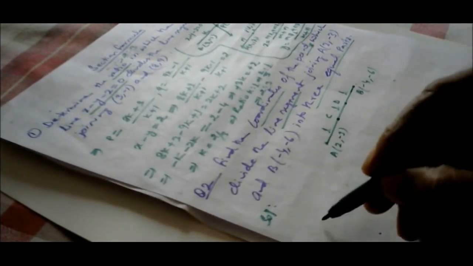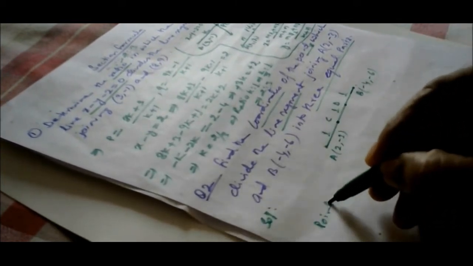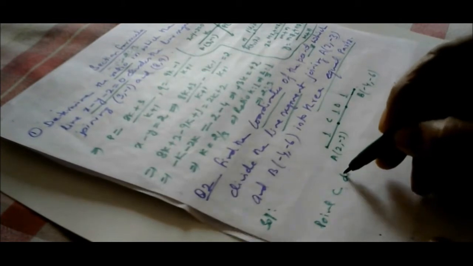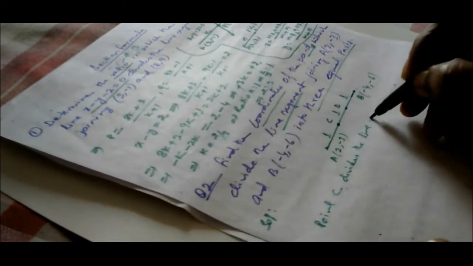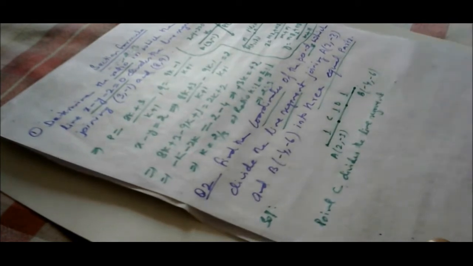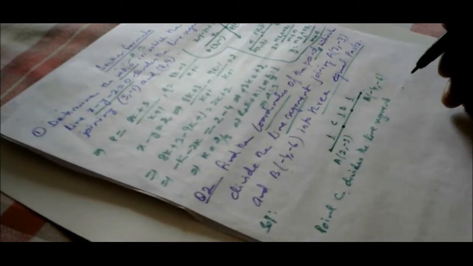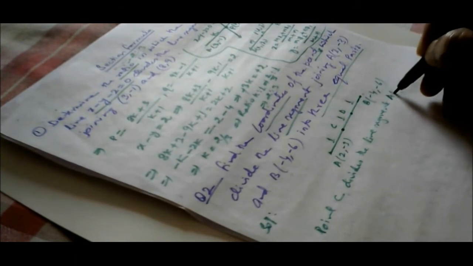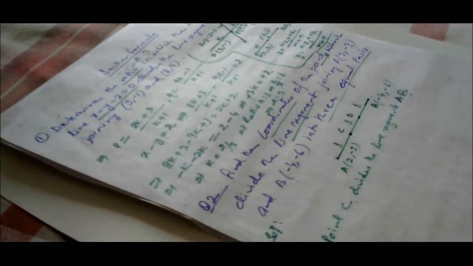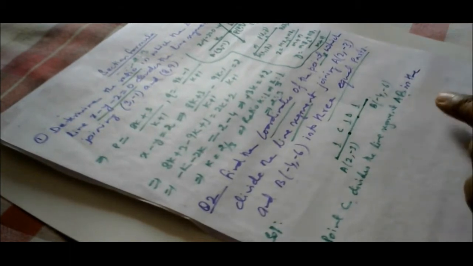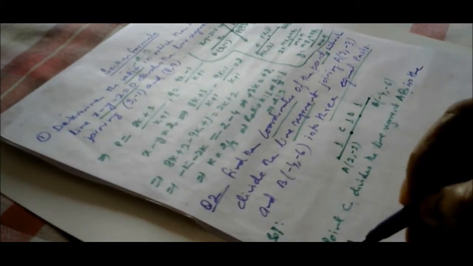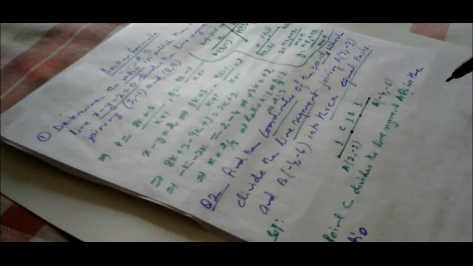So point C divides the line segment AB in the ratio 1 is to 2.